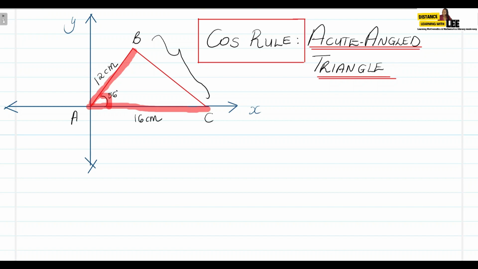To apply the cos rule, we can write side BC as small letter a.